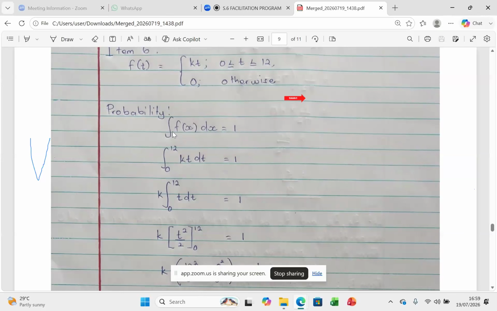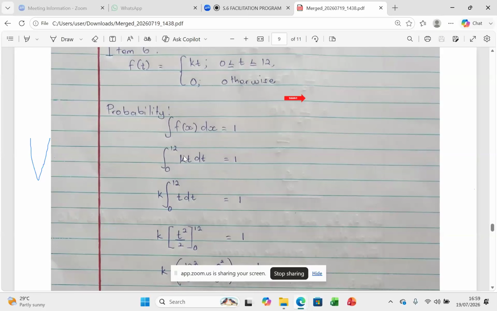And this is the formula we use, which is the integral of f(x) dx equals 1. Whatever you're doing, it is integrating.